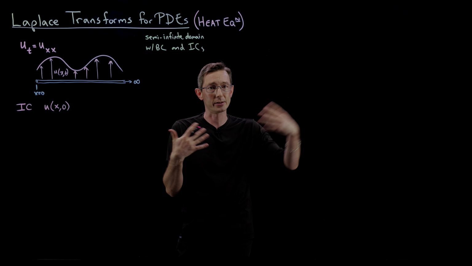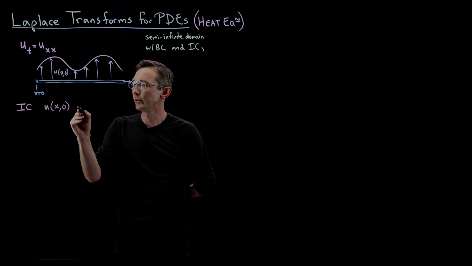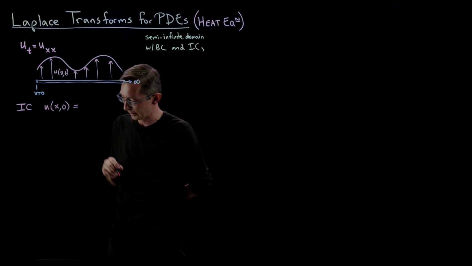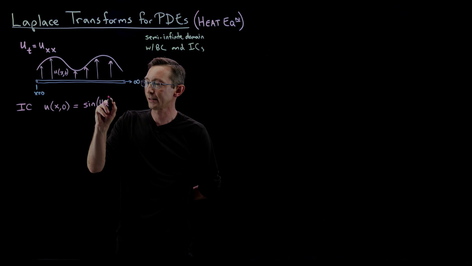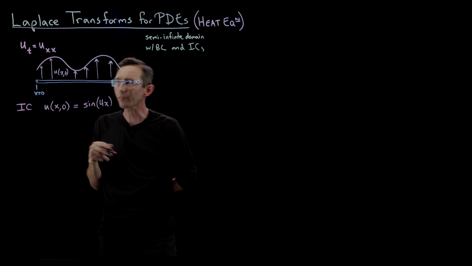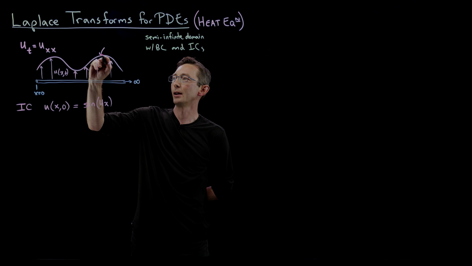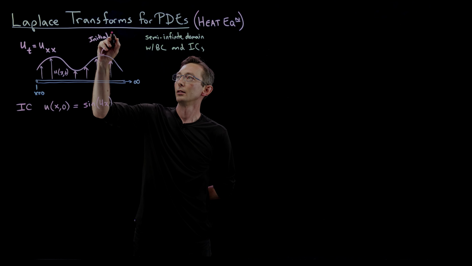You can figure out how to solve this for generic initial conditions and boundary conditions later. I'm going to assume that my initial condition is sine of 4x. So I drew this wavy sine wave. That's my initial condition.